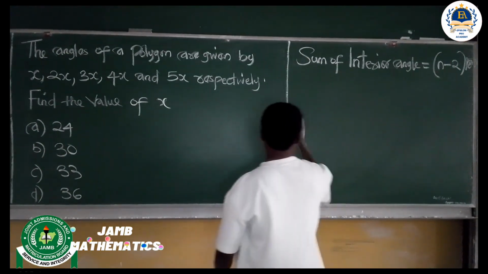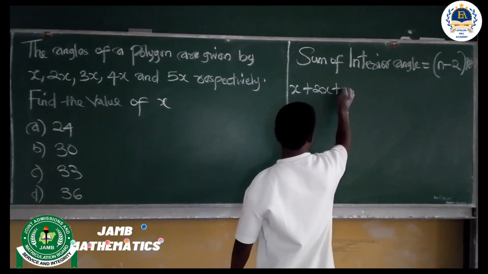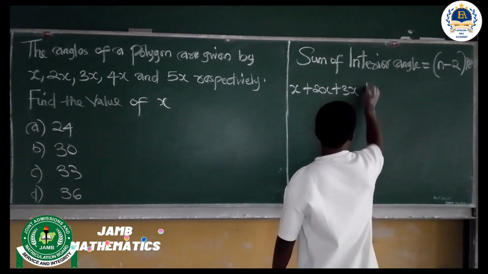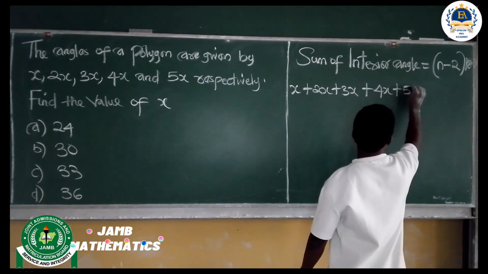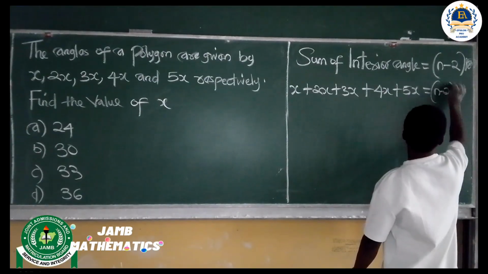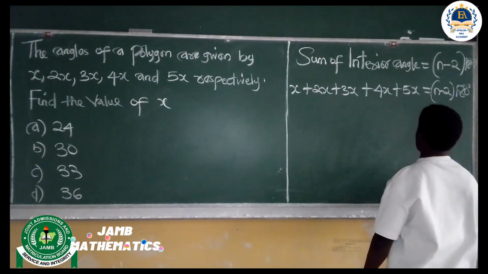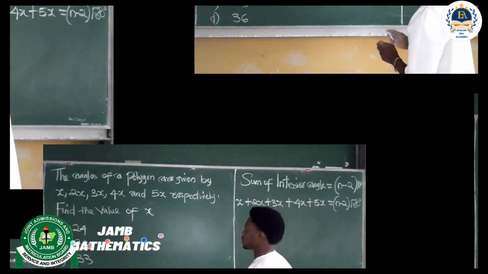So the sum of the angles, we have x plus 2x plus 3x plus 4x plus 5x is equal to n minus 2 times 180 degrees, and n is equal to 5 since there are 5 sides given.